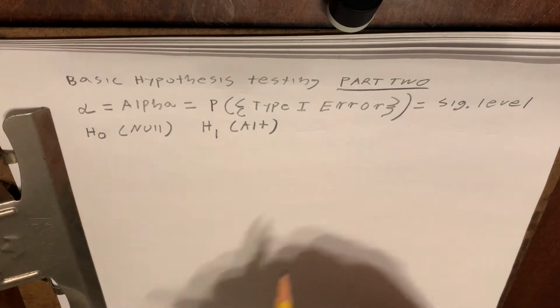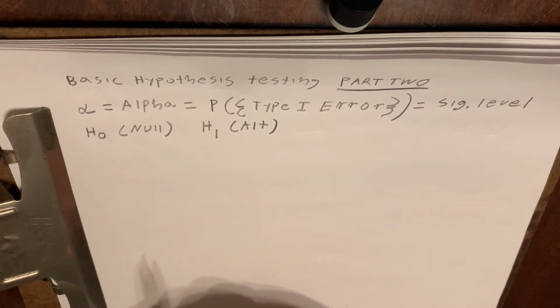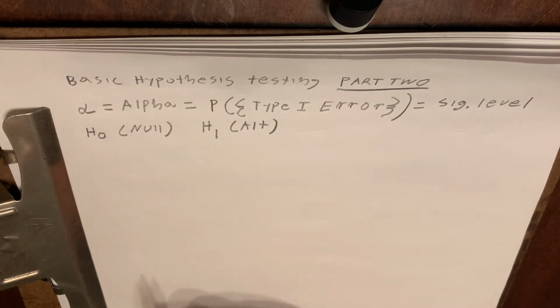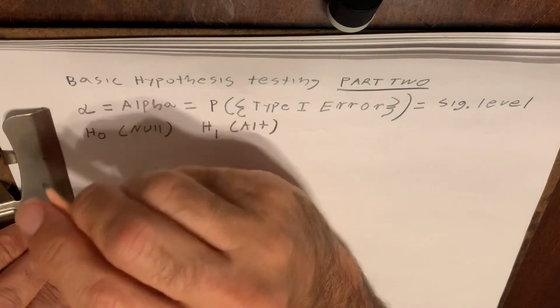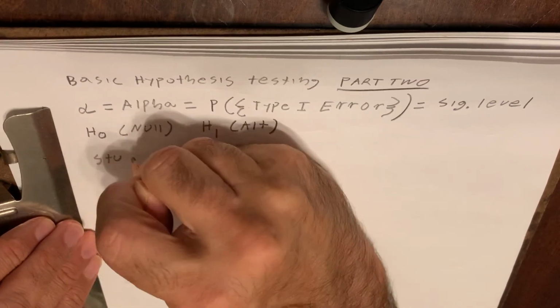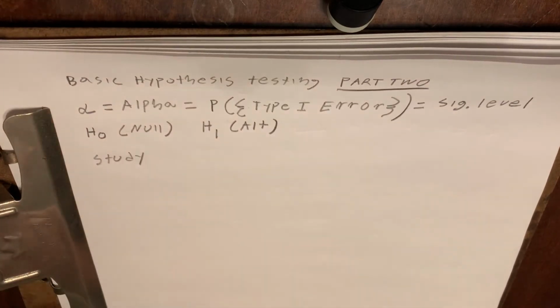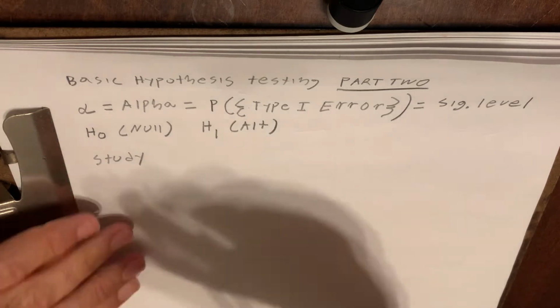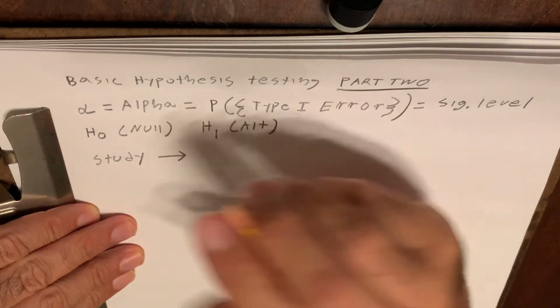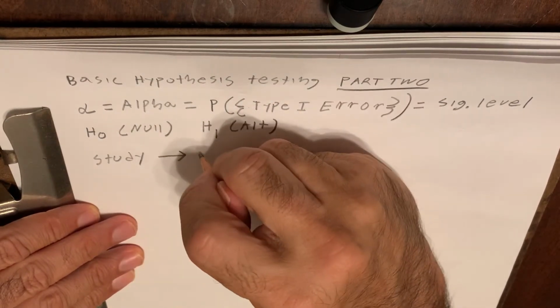So basically, when we do any of the hypothesis tests that you're going to encounter in an introductory college statistics class, we're going to have some kind of a study. And studies have different designs. You'll learn about that. And from this study, we will sample from a population.